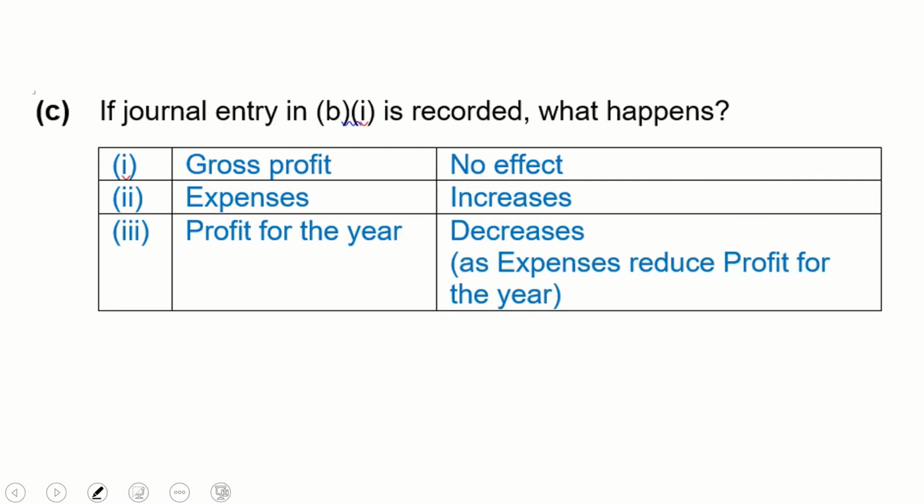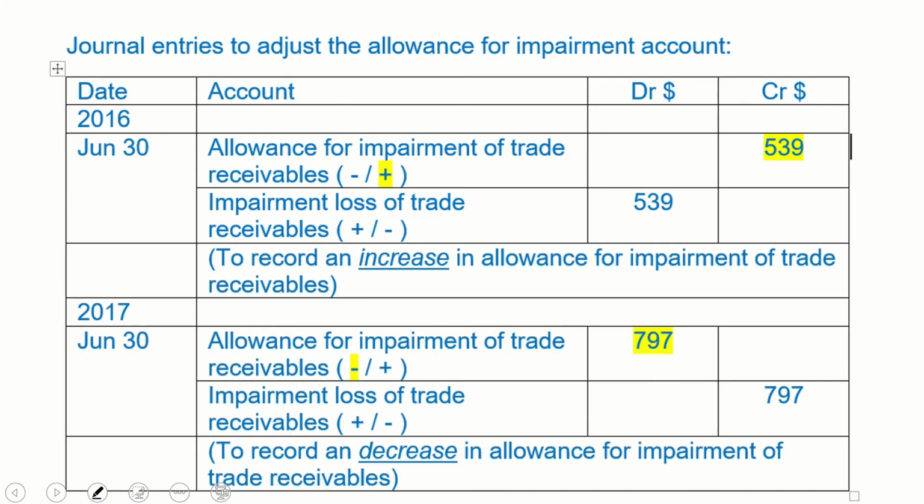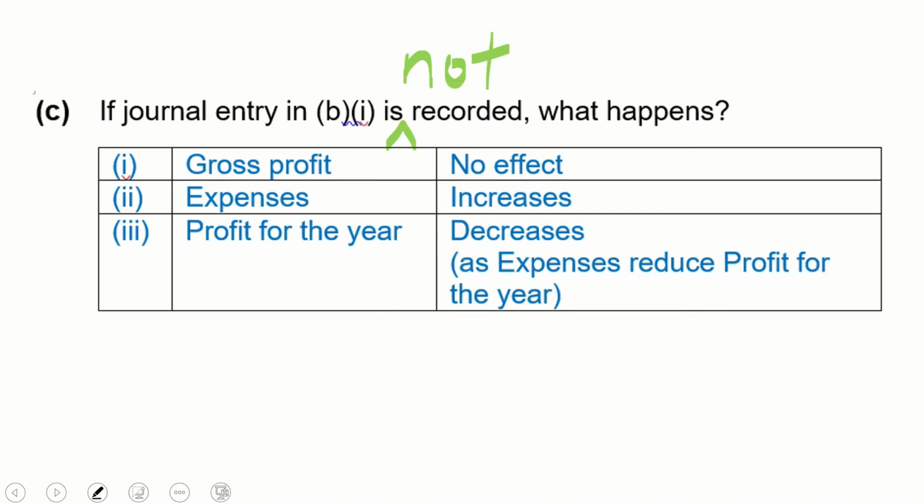The next question asks you, if the journal entry in B part 1 is not recorded, what will happen? B part 1 is this portion in 2016. If this is not recorded, what will happen to gross profit?